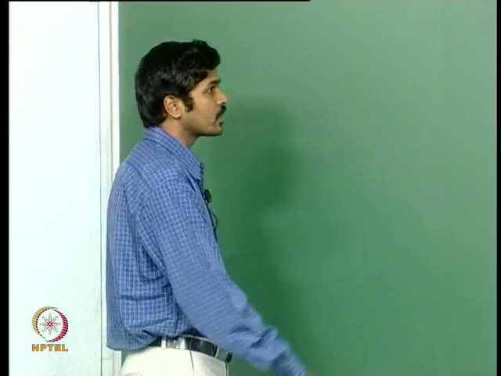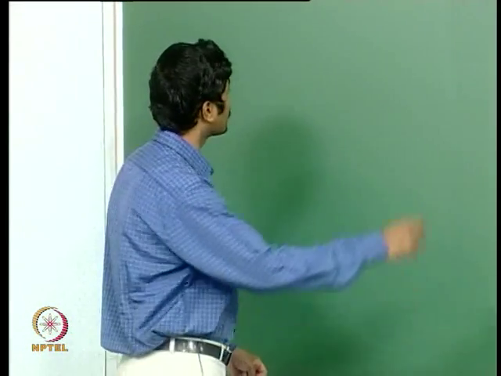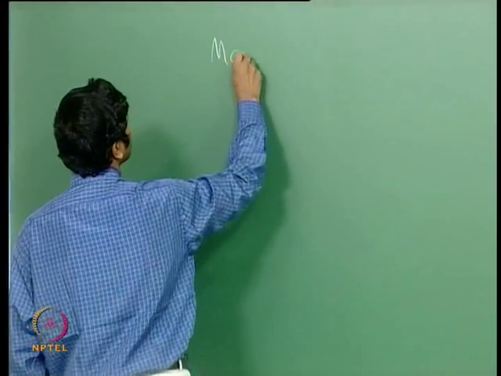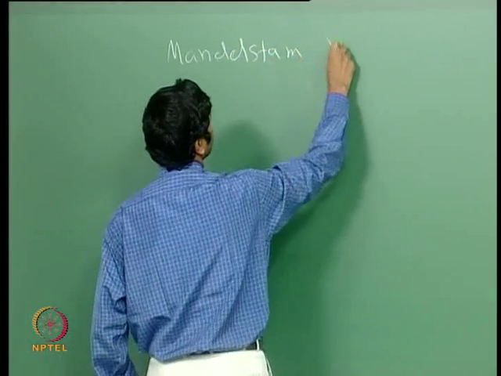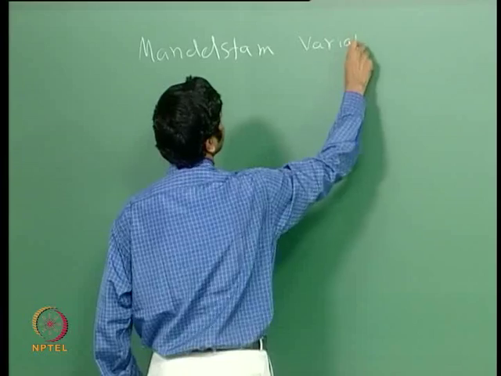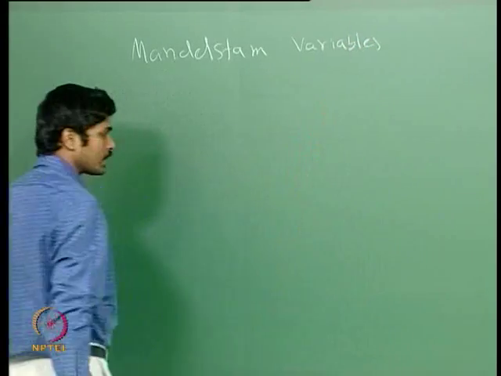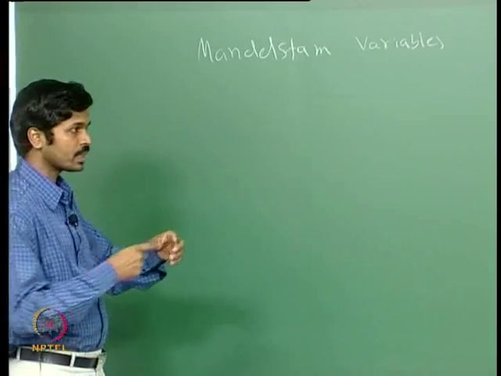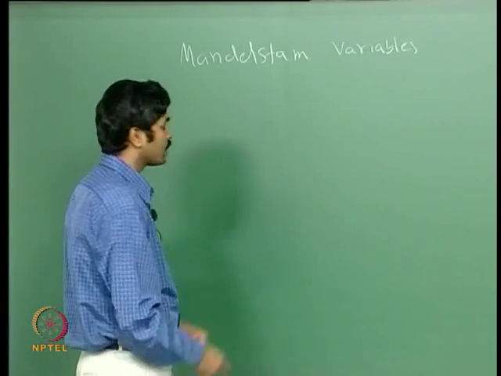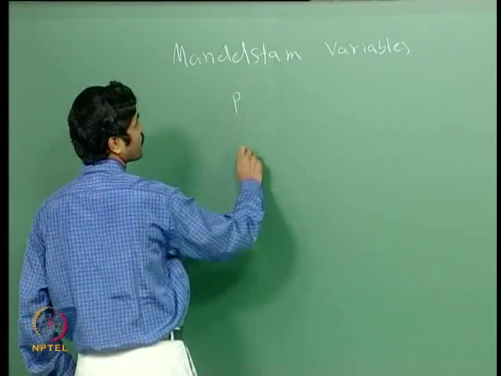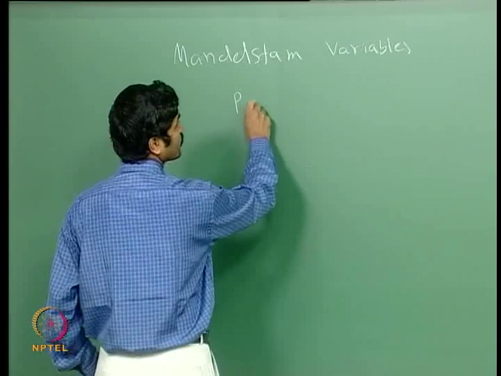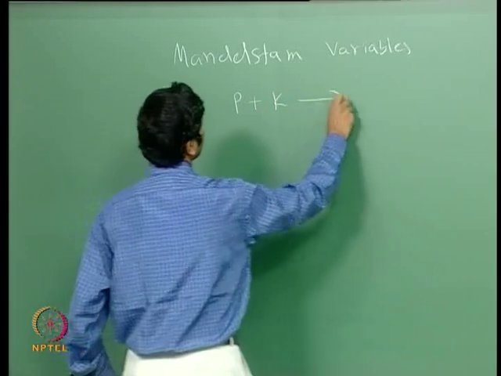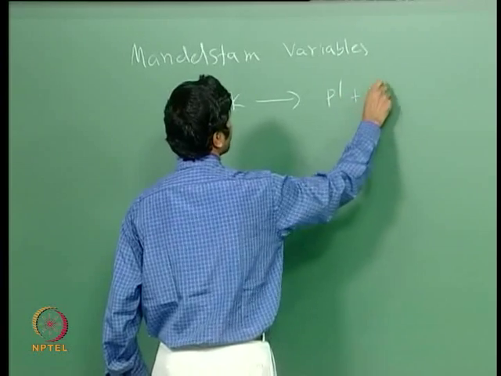Here I would like to introduce something which are known as the Mandelstam variables, in processes where two particles come and then interact and then go. So, for example, you have a particle with momentum p and a particle with momentum k going to p prime plus k prime.